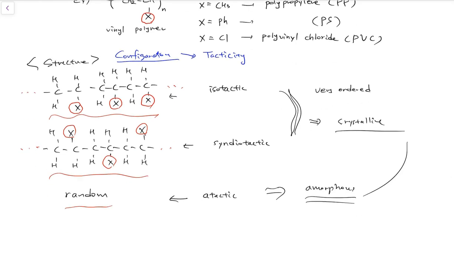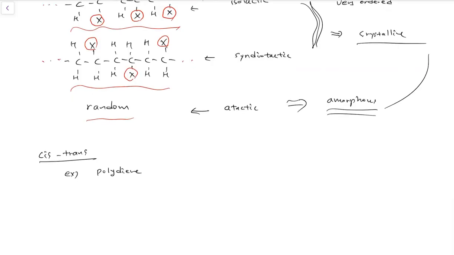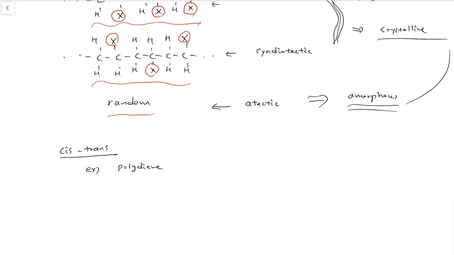So this is configuration. Another example is cis-trans configuration. Remember from organic chemistry class. For example, let's look at polydiene.